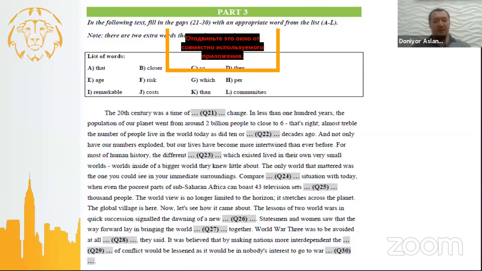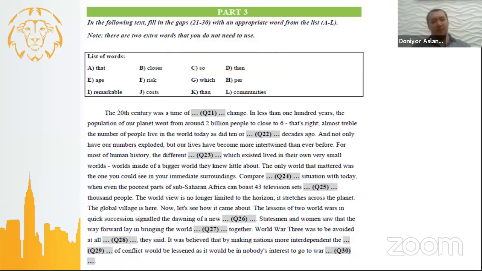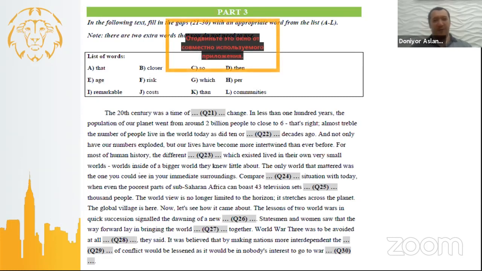That's why it's also somehow difficult to find out which two are odd or not necessary. So we should first of all think carefully whether we need F or H. It is also the second difficult part of grammar and lexical competence.